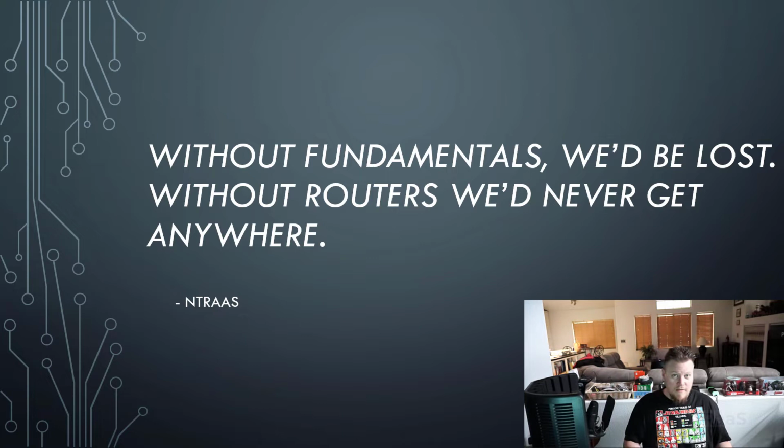But the 3560CX, the 9300s, most all of the switches have the ability to do some form of routing. Even a lot of the switches have the ability to do VPNs. You might not have encryption, but it's still a VPN. So take with a grain of salt a router versus a switch versus a firewall. A lot of the time they're all kind of equal, depending on, of course, what you need in your environment.